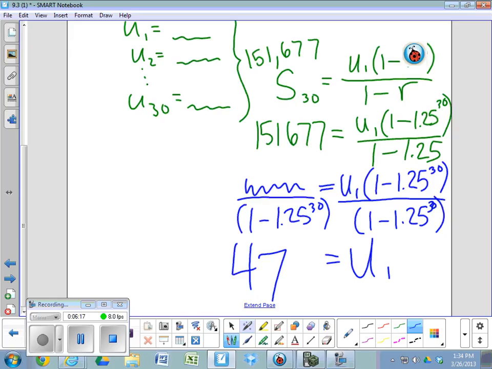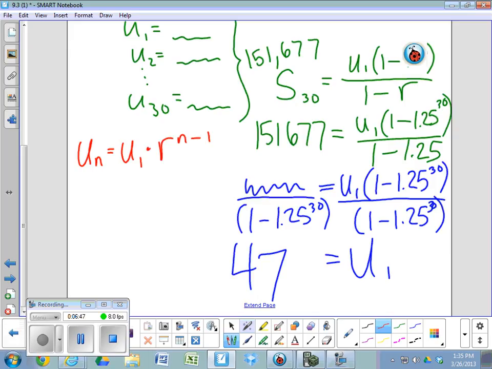Great. We're not even close to being done with the problem yet, right? Because it didn't ask us how many leaves he ate on day 1. It asked us how many leaves he ate the next day. Well, what day is that? Day 31. So we go to our formula, which was, I can find how many leaves he eats on any day by taking U1 times R to the n minus 1.